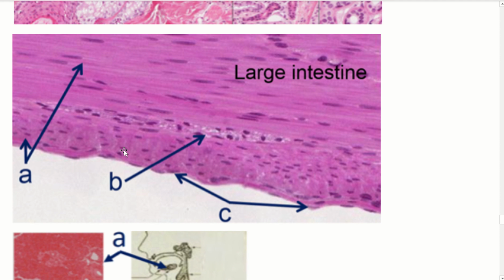And remember, we said the nervous tissue, or the nerves in between these two layers, is the Auerbach plexus, and that's what's controlling these two layers for peristalsis of the large intestine. And then the single cell layer on the very outside of the large intestine, that's going to be our mesothelium, right? Our mesothelium, that type of epithelium that lines all organs.